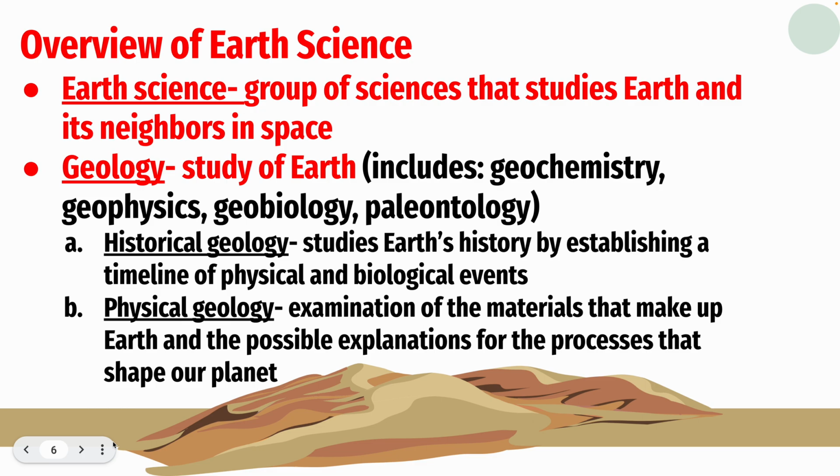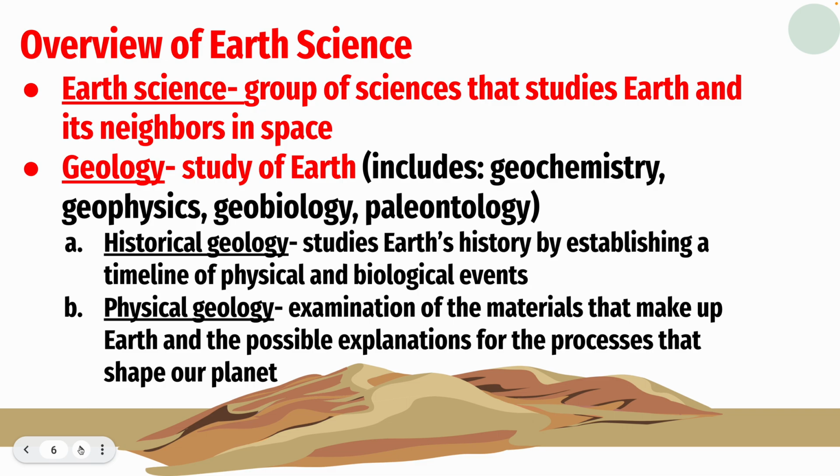Physical geology is examination of the materials that make up Earth and the possible explanations for the processes that shape our planet. So physical geology is different in that it doesn't include that biological factor. Physical geology is really centered around looking at Earth as a planet, the hard sphere of the planet, the stuff that's going on on the surface.